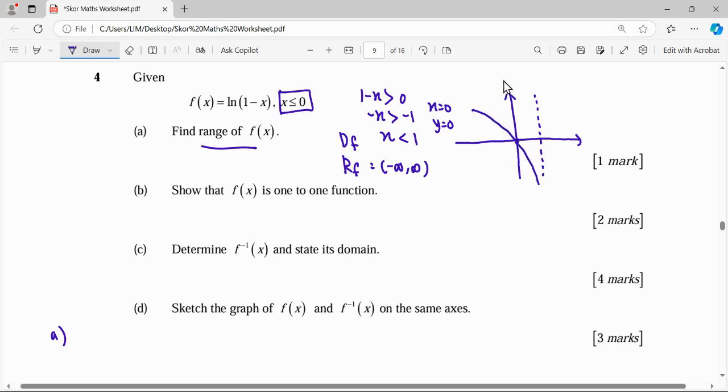This is your log. And when you apply the condition saying that less than 0, so we are just applying this. So less than 0, you are just taking this graph only. Therefore, your range of the function will be starting from the lowest value, which is 0, to infinity.